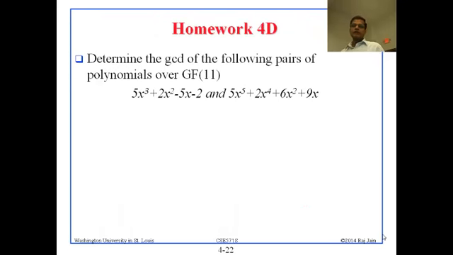Okay. So homework 4D. Determining the GCD of the following pairs of polynomials. GCD, greatest common divisor. Now, for greatest common divisor, I think it's much easier to just do by longhand, like this. If you want to do it with Euclid's method, you can, but I find this much easier to do by the longhand division.